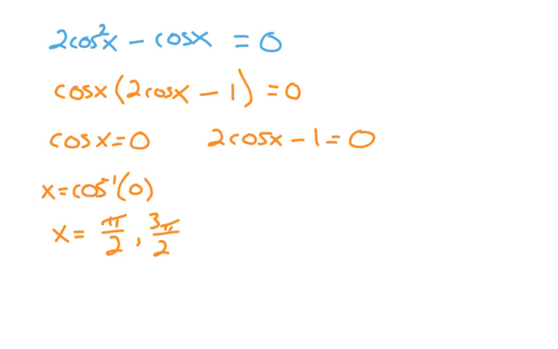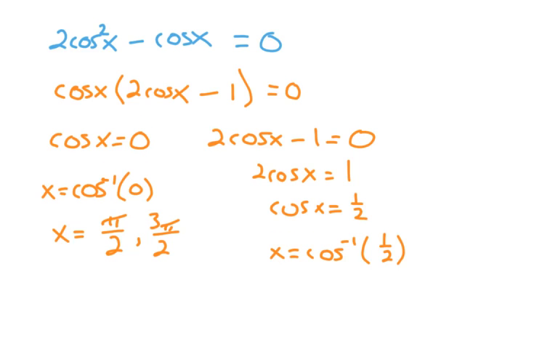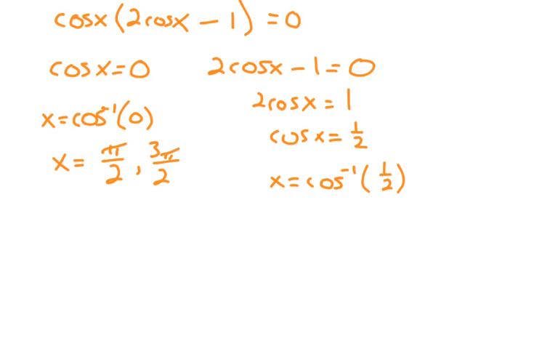Okay, let's try the second one here. 2 cosine of x is equal to positive 1, which means the cosine of x is equal to 1/2. Which means x is equal to the cosine inverse of 1/2. Your calculator, if you do this in degrees, will tell you that the x value here is 60 degrees, which is pi over 3 in radians, but that's not the only angle that has a cosine of 1/2.